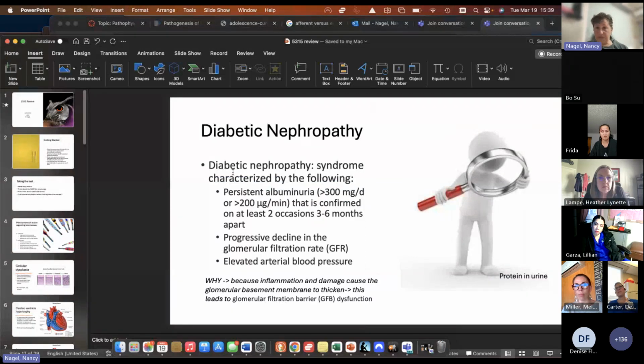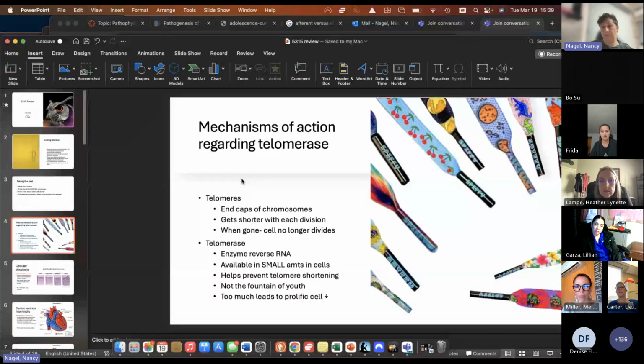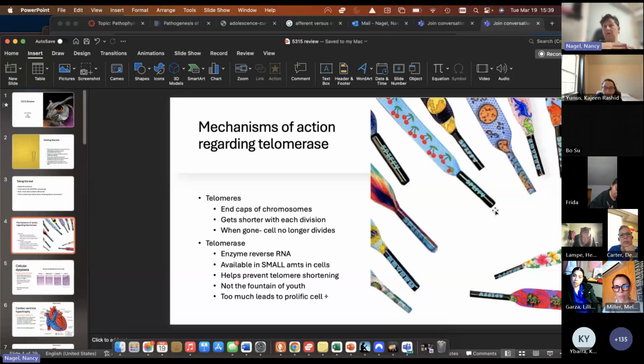These are the end caps on each of your chromosomes. I want you to think of them like little shoelace caps, okay? Every time a somatic cell, so a dividing cell, our body cells, divides, our telomeres get a tiny bit shorter. When we have divided so many times that our telomeres are gone, the cell can no longer divide, the cell will die, and it just stops at that process.